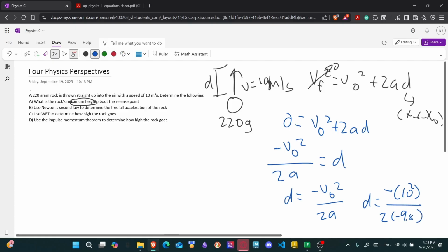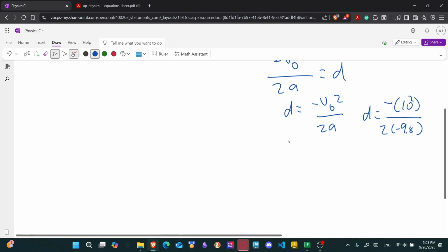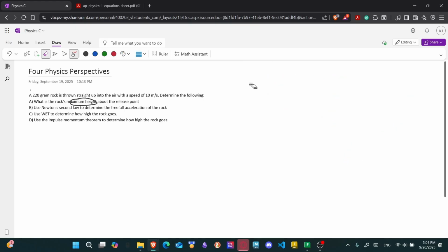Using a calculator, 100 divided by 19.6, your final distance would be 5.1 meters.